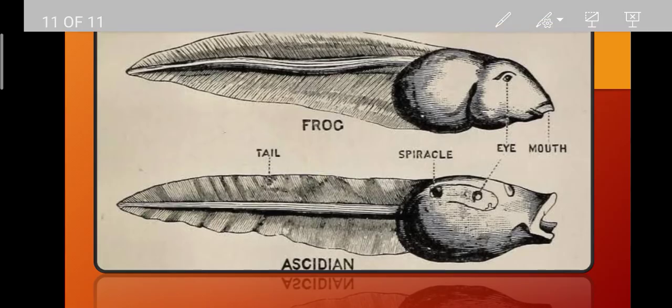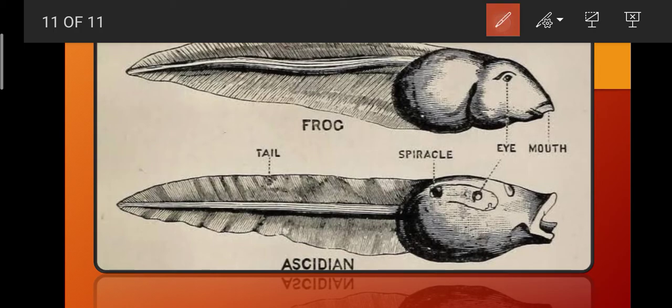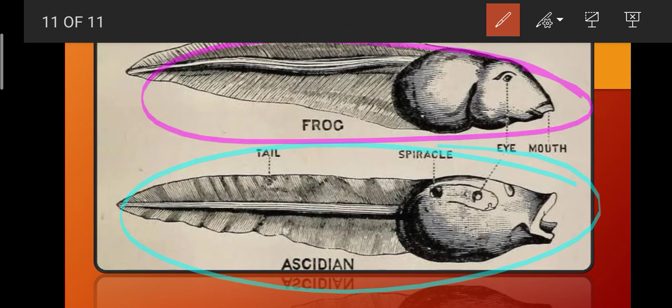Now this is the Ascidian larva, and this is the actual tadpole larva of a frog. We can see there is much resemblance between them. They are both elongated and bilaterally symmetrical. They are free swimming creatures with pharyngeal gill slits.